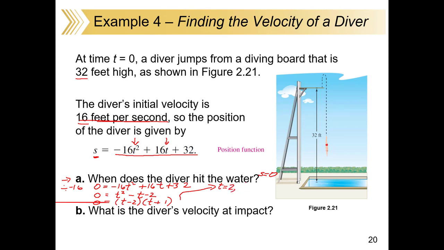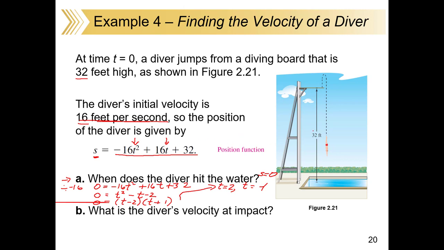If you set the t plus 1 equal to 0, you get a negative 1. Okay, looks like we might have 2 answers, but what is the question? When does the diver hit the water? Well, we're starting our stopwatch as soon as he takes off from the diving board. The negative 1 doesn't make any sense. We can't go back in time.